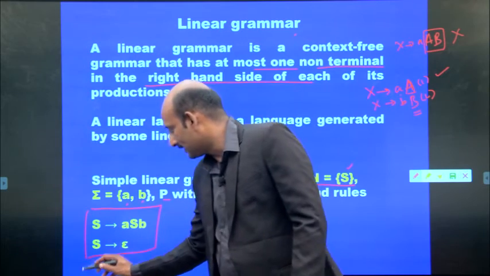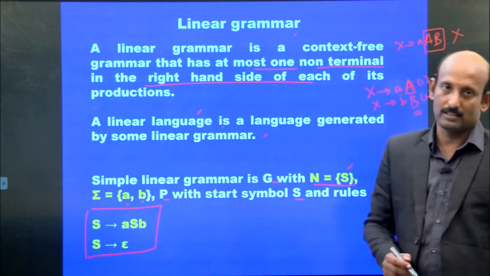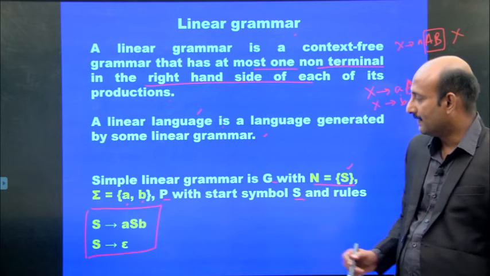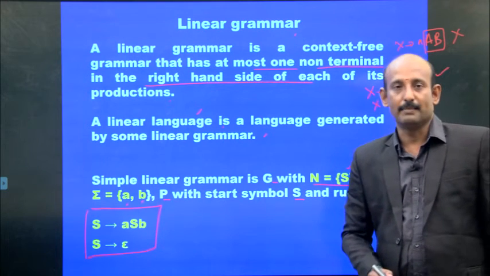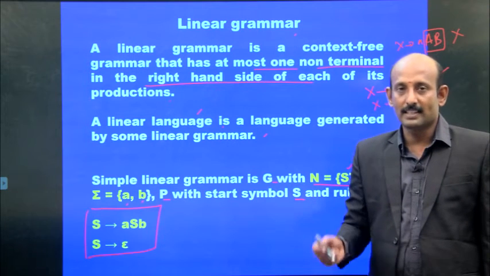We have to answer whether this grammar is a linear grammar or not. This given grammar is a linear grammar because it satisfies the condition. What is the condition?